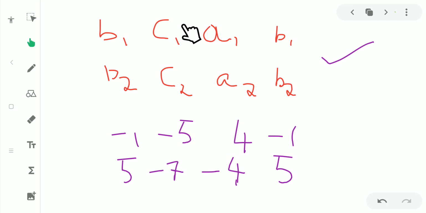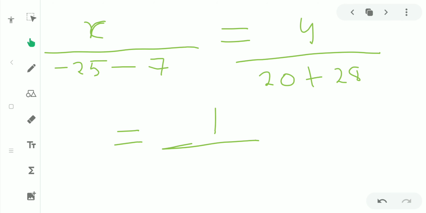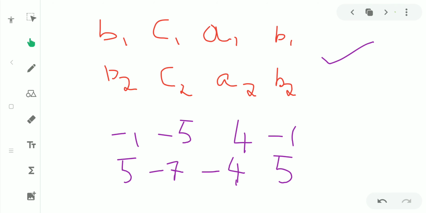A1 into B2, 4 into 5, 20, minus A2 into B1. So A2 is nothing but minus 4 and B1 is nothing but minus 1. Minus 4 into minus 1 is plus 4. So again plus 4 into minus is nothing but minus 4.